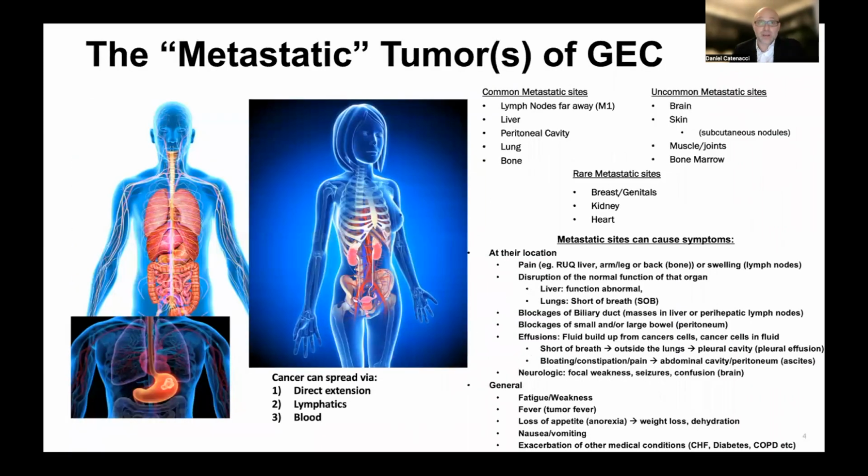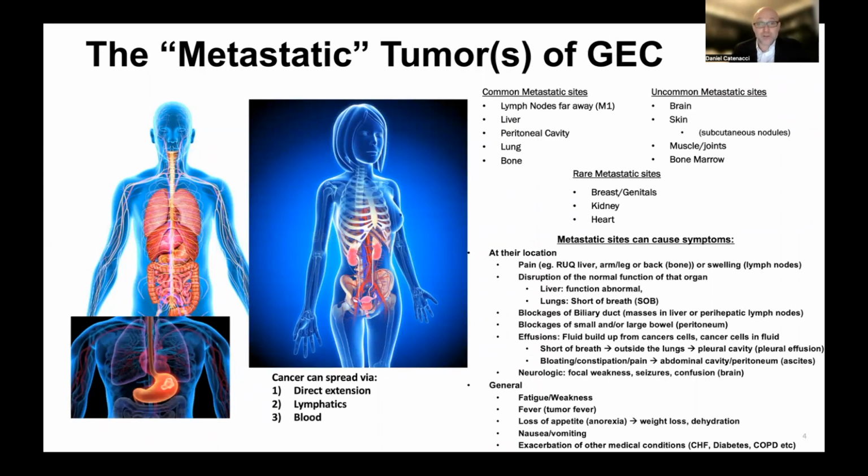We also talked about how cancer can spread or become metastatic, and that it can spread through direct extension from where it started, or through the lymphatic system or the blood. And we talked about the common sites that it can spread to, most commonly metastatic lymph nodes, both near and far from the primary tumor, the liver, the peritoneal cavity, the lung, and the bone.